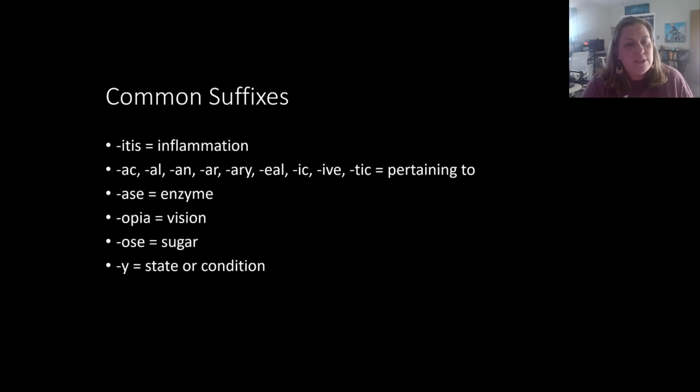So you're going to see some other suffixes that come into play, things like megalo or megaly, that means large. So a megaloblast is a very large type of cell. Cardiomegaly is going to be where the cardiac muscle is enlarged or big. Patho means disease, so if it's pathogenic, it's going to be causing disease.